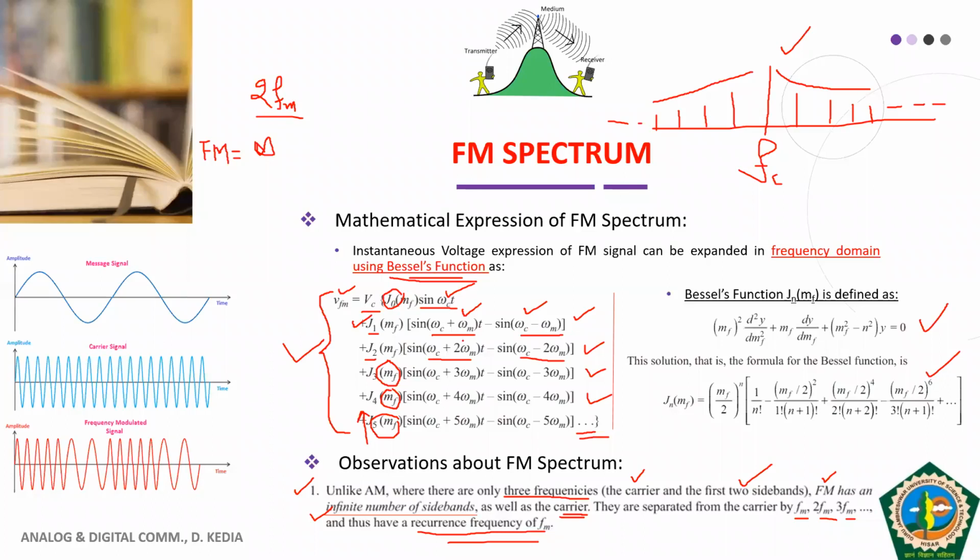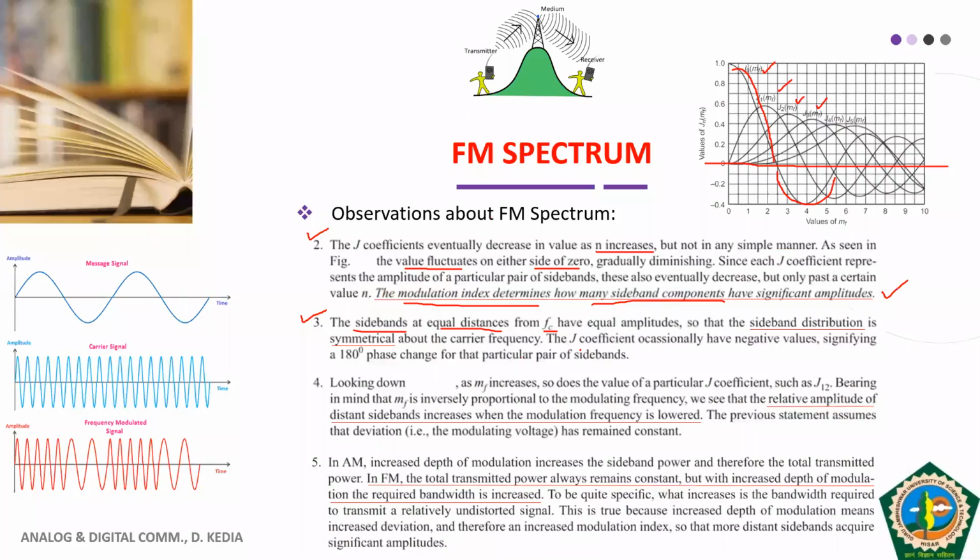For these two, the amplitude is the same. On either side of the carrier frequency, Fc minus Fm and Fc plus Fm have the same amplitude, but the adjacent sidebands do not have the same amplitude. This is another important point that you need to notice.